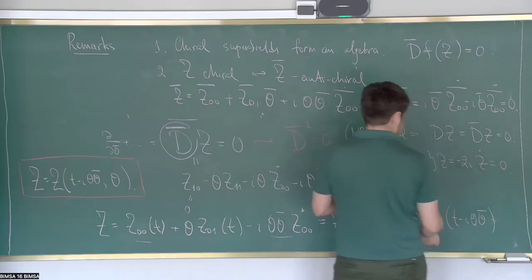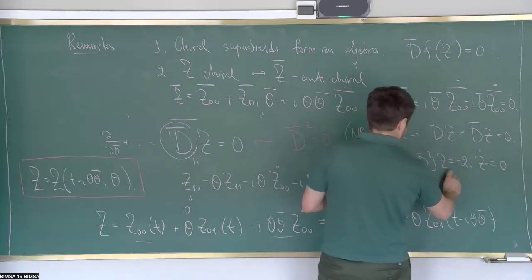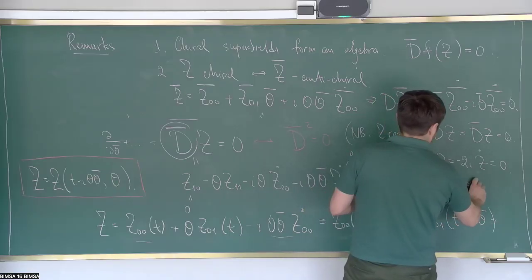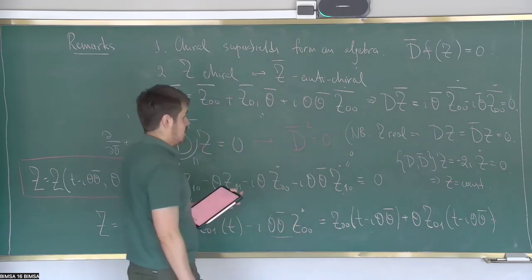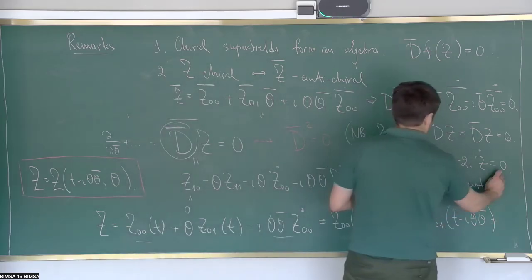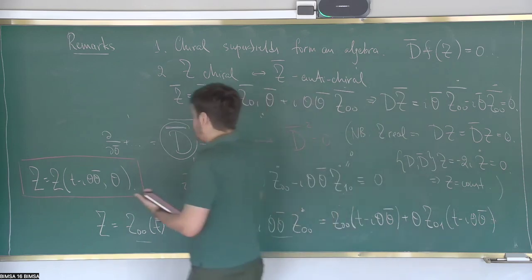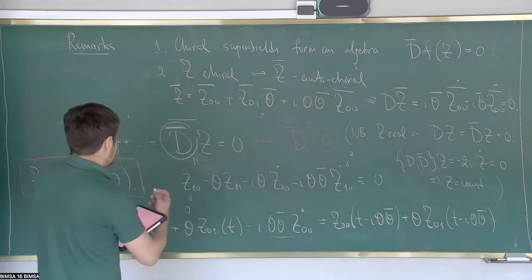That says that z is a constant. Unless you want a constant field, you cannot have z real. So that's the point with these chirality conditions.